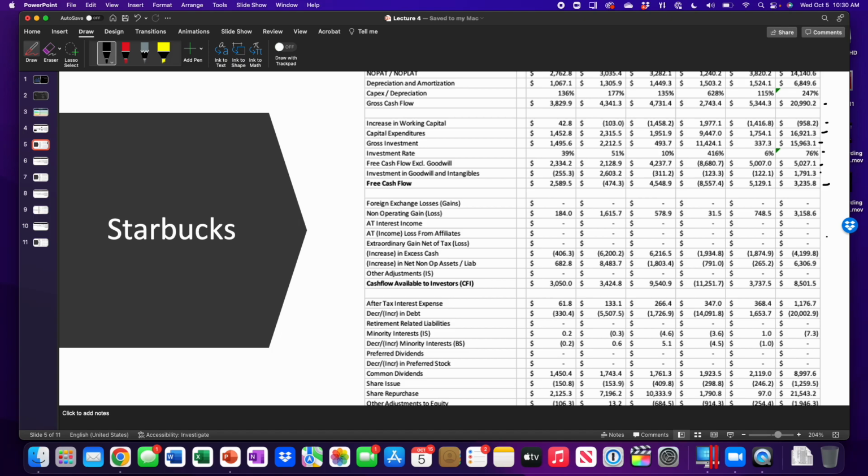Let's keep going. They spent $9 billion, $8,997.6 million, on dividends, and they repurchased $21.5 billion worth of common stock. Now, how do you buy back $21 billion worth of common stock when you only have $8.5 billion worth of CFI?